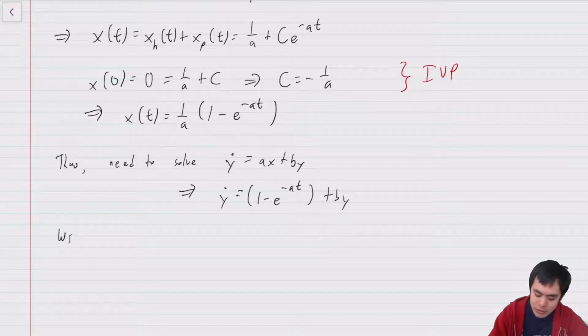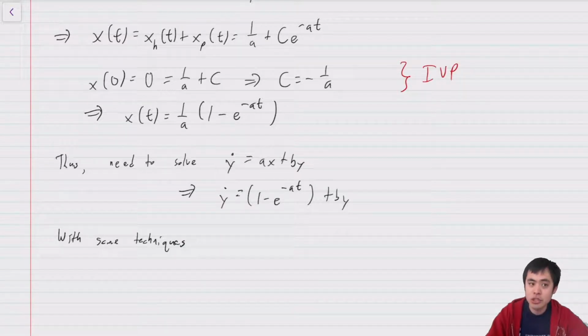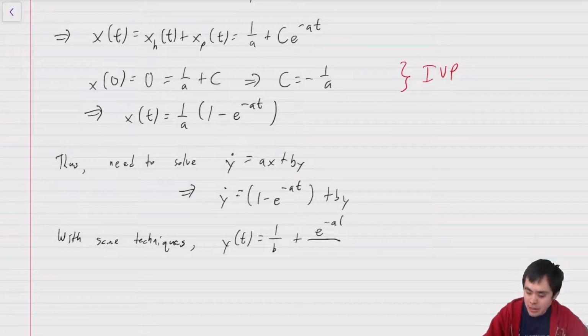So with the same techniques, either a characteristic equation or using an integrating factor, I'm not going to go through actually solving this in detail, but you end up getting that y of t is equal to 1 over b plus e to the minus at over a minus b, minus a e to the minus bt over b times a minus b.